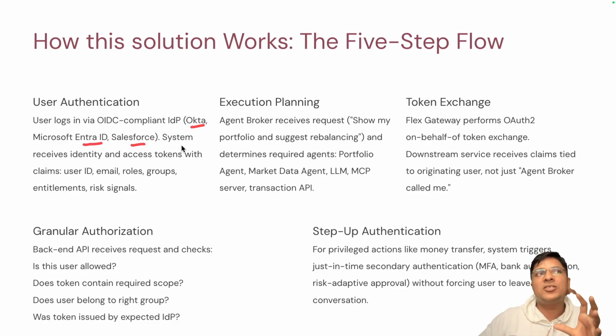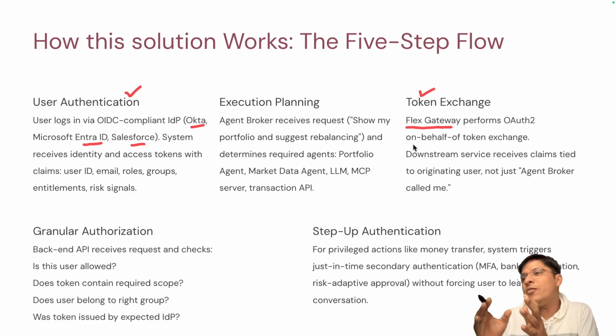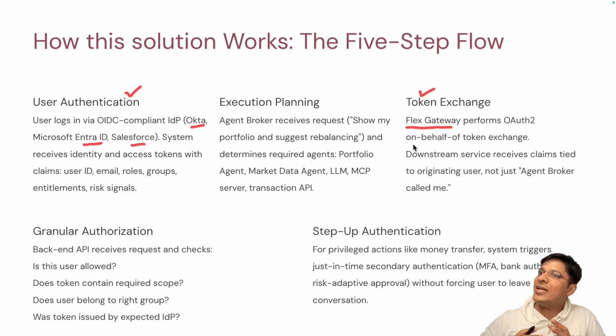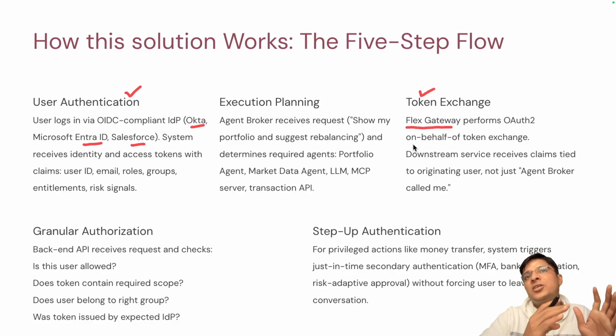Now this information from step number 1 will be propagated to each hop, each system, with the help of token exchange. And this token exchange will be done by our Flex Gateway. Now it is called Omni Gateway. That Flex Gateway or Omni Gateway will take help of outbound policies, and this outbound policy will get applied on each agent and each MCP server so that this information will get propagated to each hop.